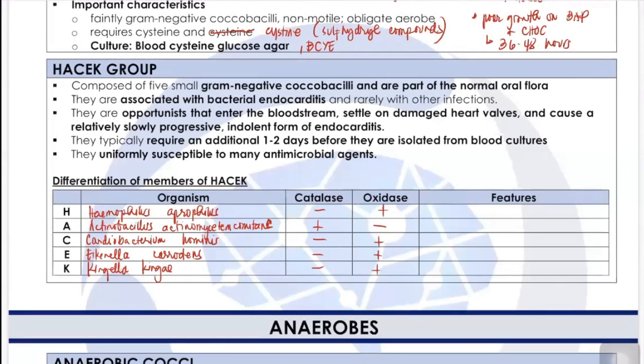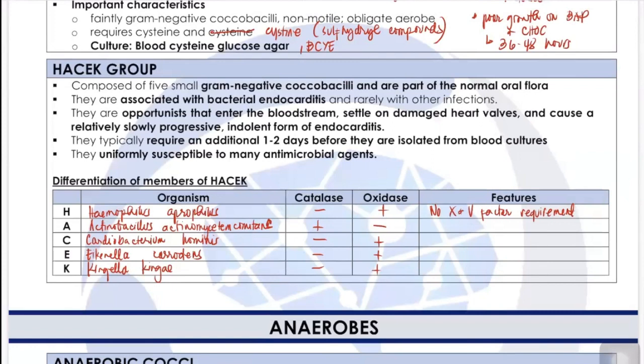For the most notable features: Haemophilus aphrophilus has no X and V factor requirement, and since it has no X factor requirement, it is automatically positive for the ALA or porphyrin test.